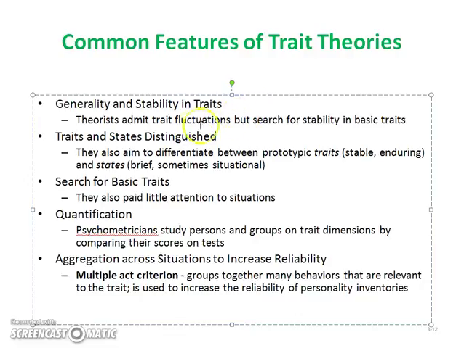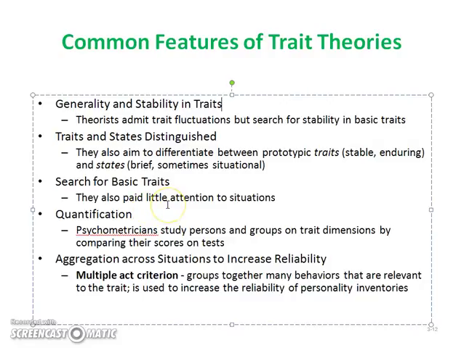They admit that there's fluctuation in traits, but they look to find stable traits that exist over situations and time in people. They know that there are differences between traits, which are stable, enduring characteristics, and states, which might be like moods or emotional reactions to situational episodes. There's a search to find basic traits within the person, and these theories tended to not ignore, but pay less attention to situation than some of the more modern theories like Mischel's, who wrote our textbook.